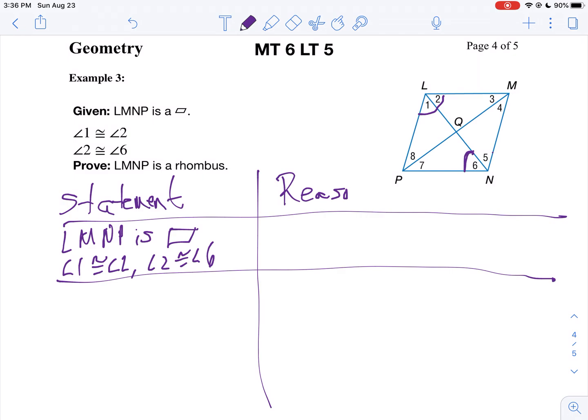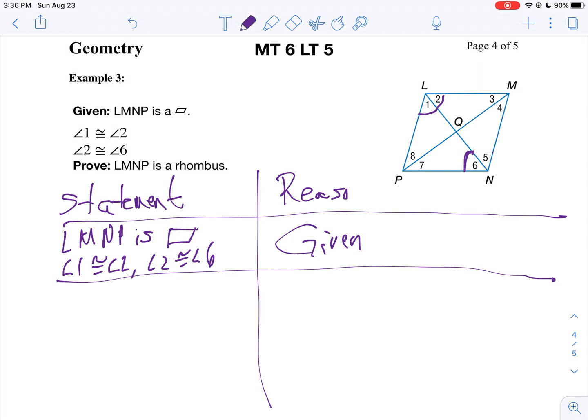Well, let's put our given in here. If we take a look at our parallelogram, angle 1 and angle 5 are alternate interior angles because of the parallel lines.